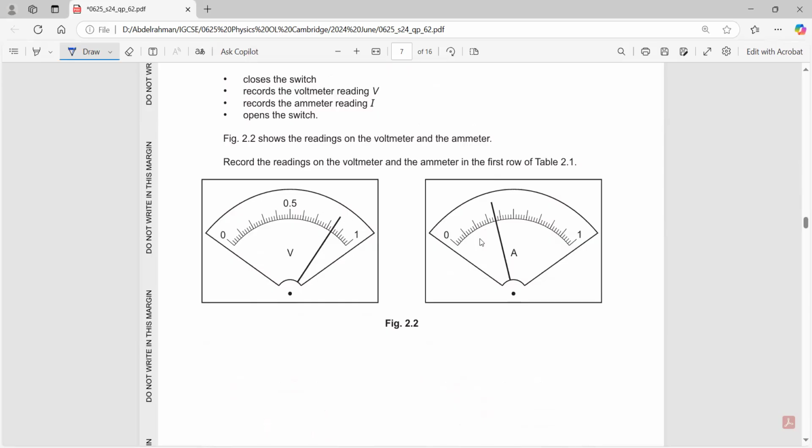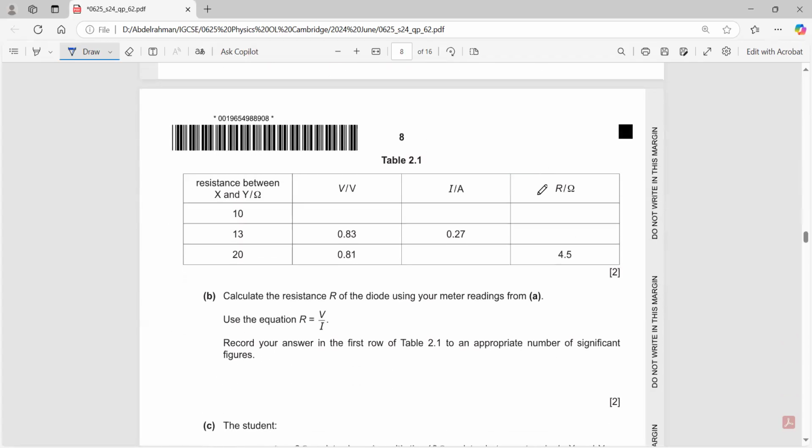It was 0.84, and the current was 0.36. Can I find the resistance? R equals V over I, so 0.84 over 0.36, which is 2.3. Yes, the resistance was 2.3 ohms.